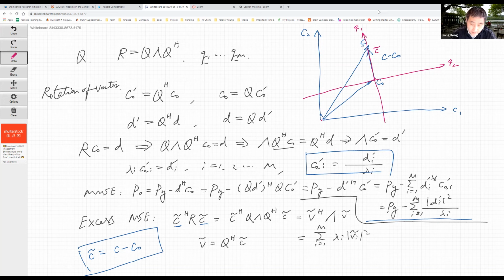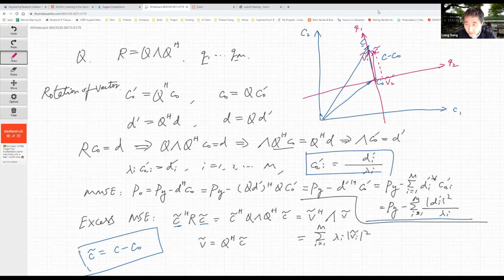But in general, I have those two. Let's see, C tilde is a little bit off, so I project onto Q1 and Q2. Now what I have here is V1 tilde and V2 tilde.